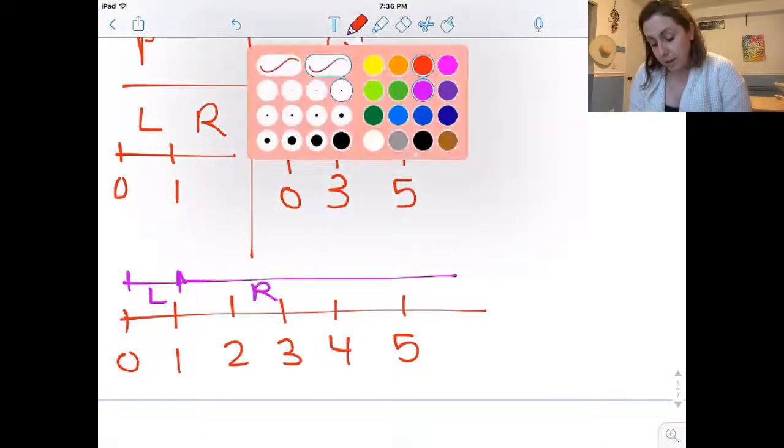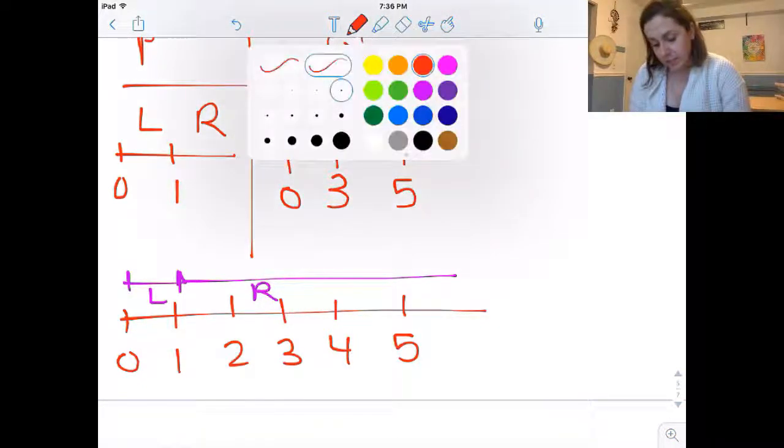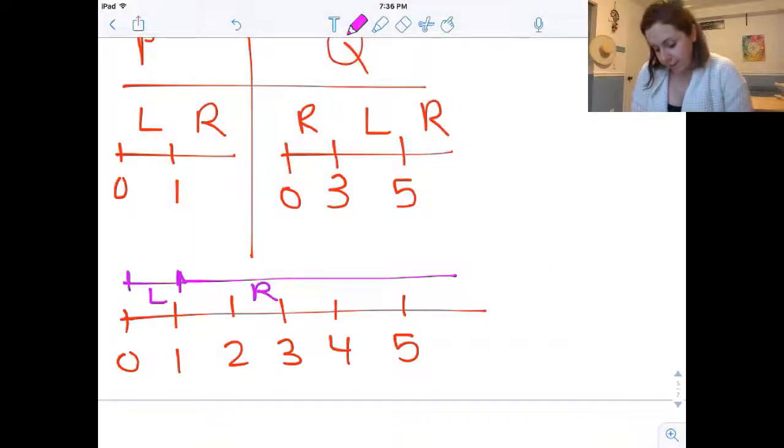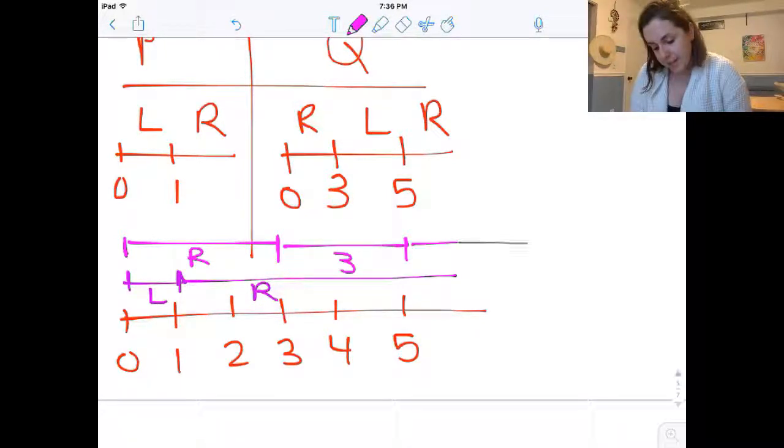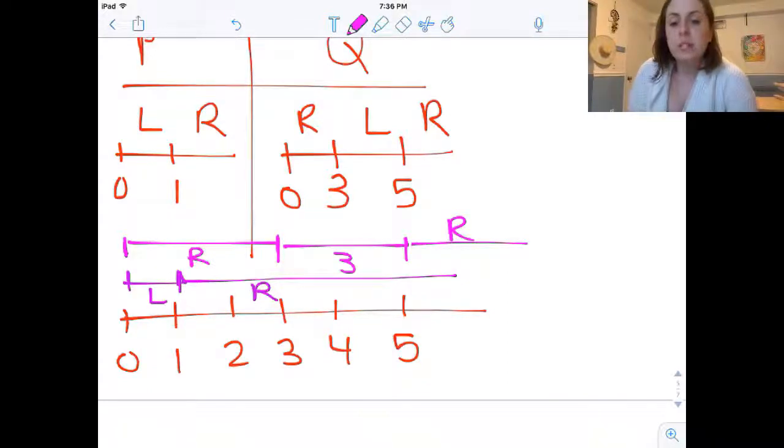Particle Q is moving to the, let's pick a different color, right from 0 to 3, and then to the left from 3 to 5, and then to the right everywhere after. So let's look at where this is happening, and our interval only goes to 8, so that's something to note.